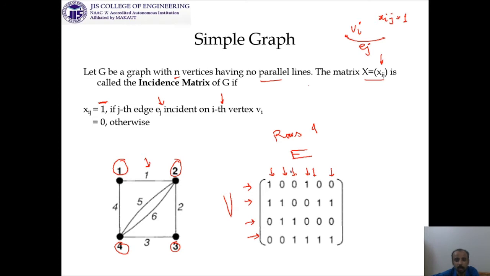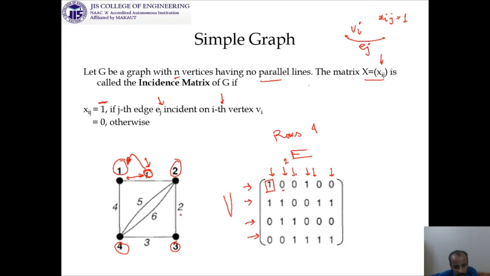Now about the entries. This is our 1 1 position, and this 1 1 position gives that this one edge is incident on the one vertex. Here I am using the term 1 to mean the name of this vertex, and this entry is 0. So this is 2 and this is 1.